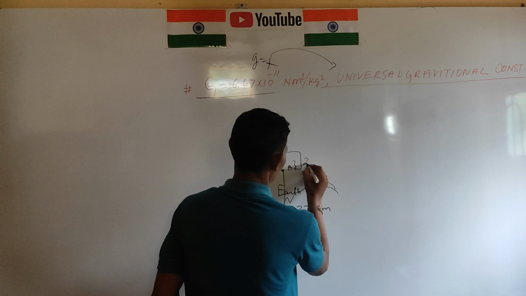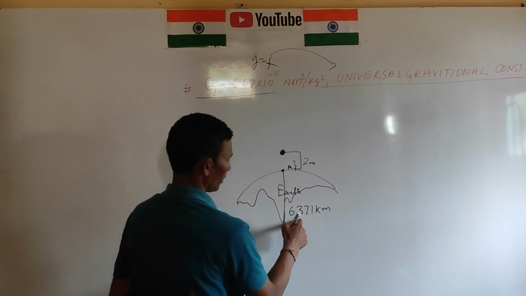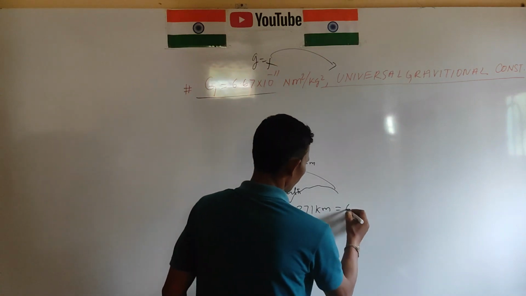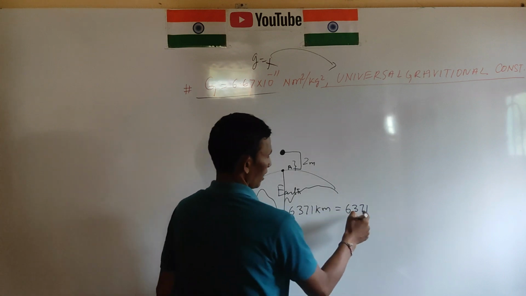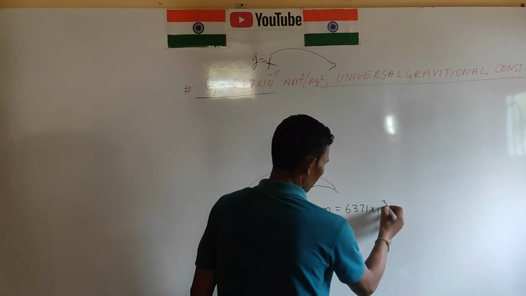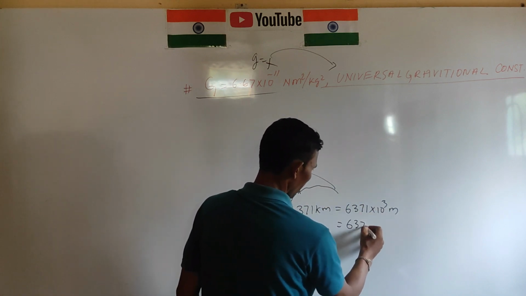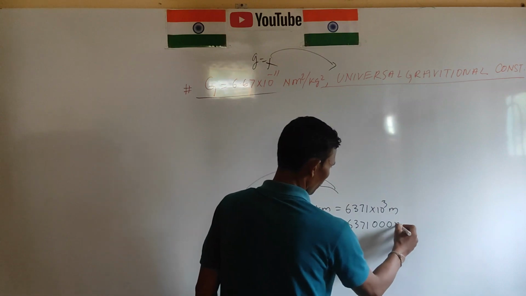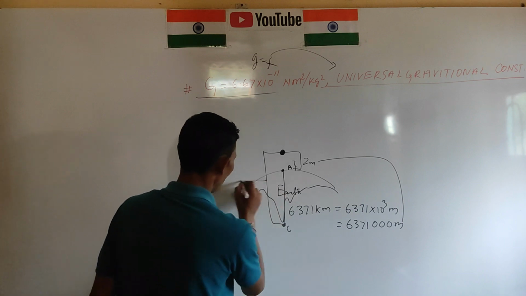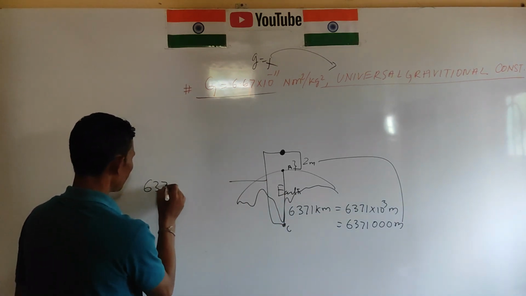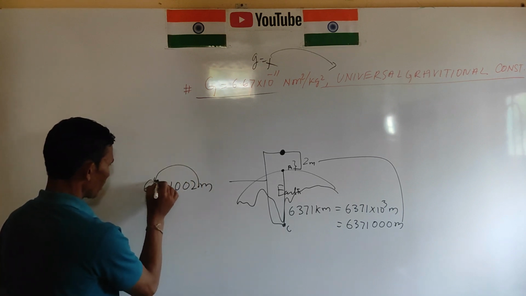And the distance is like this. 6371 kilometer, that is 10 to the power 3 meter, so it is meter and this is also meter. 6371,000 meter. So when we add this, what is the distance? 6371,002 meter.